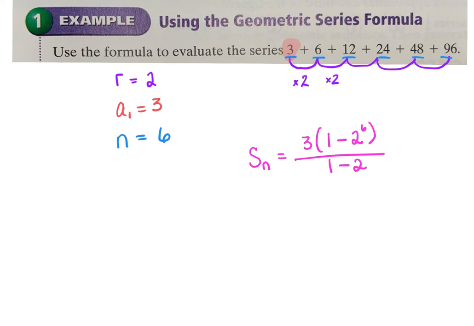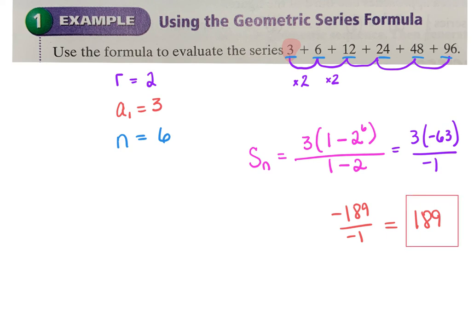Plugging this into my calculator, 2 to the 6th is 64. 1 minus 64 is negative 63. So I have 3 times negative 63 over negative 1. 3 times negative 63 is negative 189 over negative 1, which means my sum is 189. So you're literally just plugging it into that formula and solving.